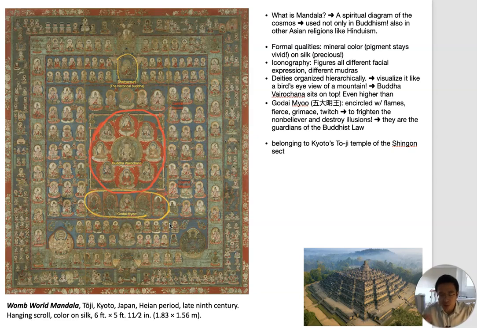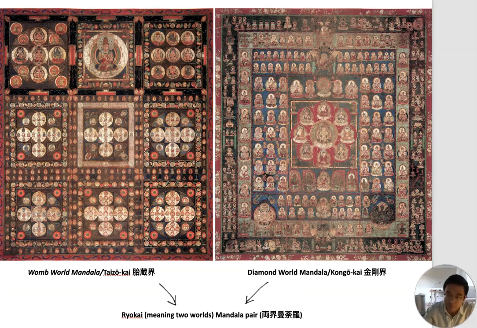In this textbook you have another diagram giving you more information about the different sections. But yes, this is meant to be very complicated to read, with all these deities, 414 of them encircling, and this is just half of the universe, of that creation of the cosmos, because this comes in a pair.